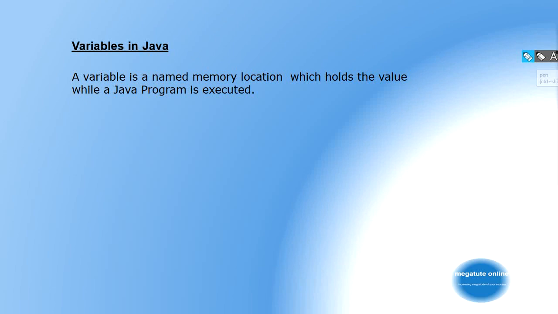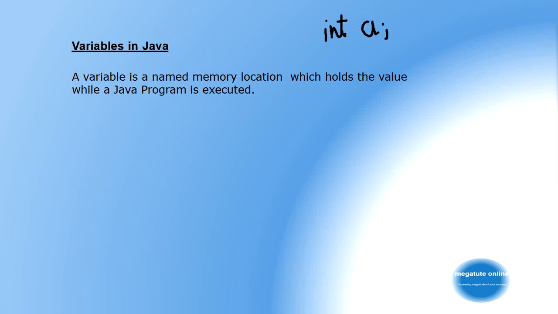Variables in Java. Now, a variable is a named memory location which holds the value while a Java program is executed. So that means as soon as we declare a variable, a memory location has been set for it, where the content of that particular variable is going to get stored. For example, suppose you have declared a variable A which belongs to the integer category, right?